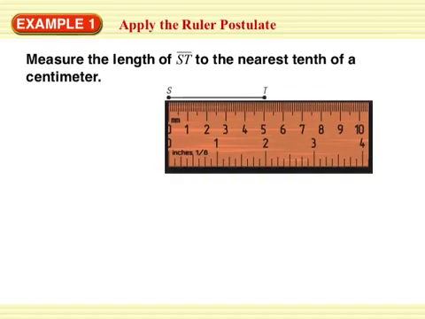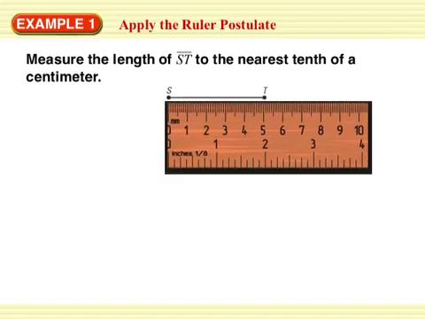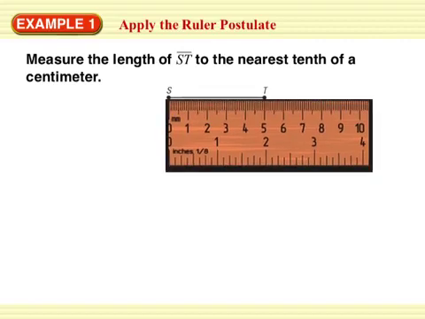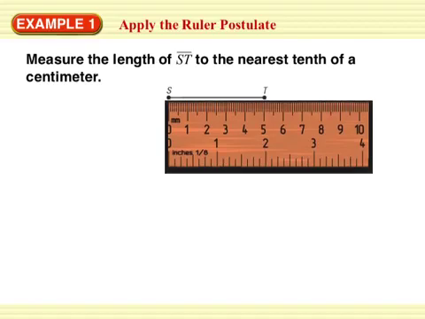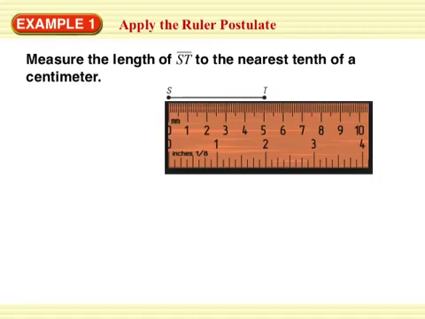We're going to line this up at the 0, and we're going to do our best to read it. That dot is pretty big, so I'm going to try to line it up in the middle of the point S. Let's see if I can read it to the middle of the point T. When you do this in your homework and even in your tests and quizzes, you're just going to have to do your best, and I'm going to give a little bit of leeway. This looks to be about 5.0 or 5.1 centimeters.